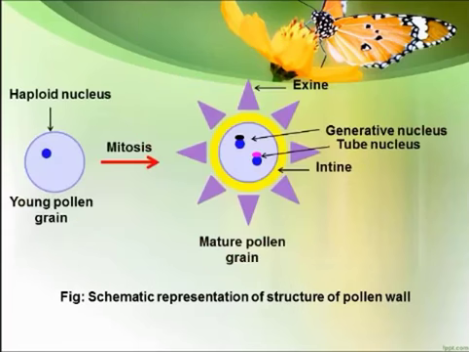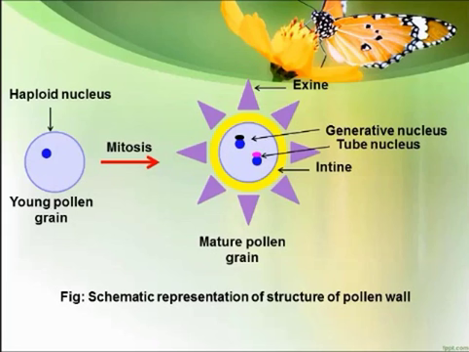Now, let's discuss the structure of a pollen grain wall. A mature pollen grain wall is a two-layered structure. Exine is the outer hard layer of the pollen wall. It is made up of a highly resistant organic material called sporopollen.